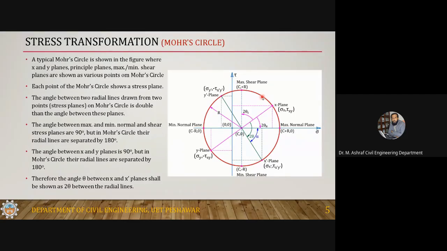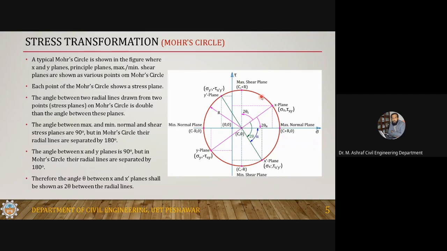So one is the sigma coordinate, the other is the tau coordinate. Since you have two stress components on one plane in two dimensions, one normal and one shear.